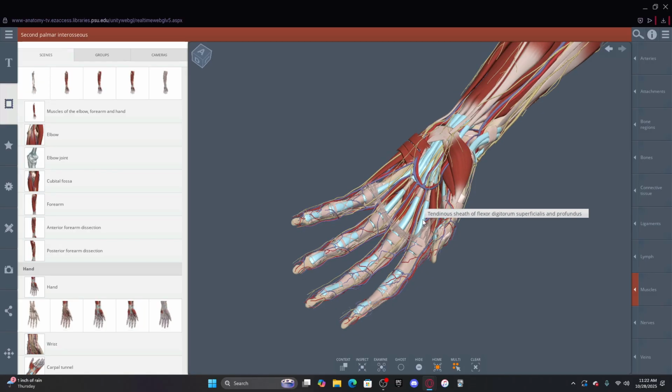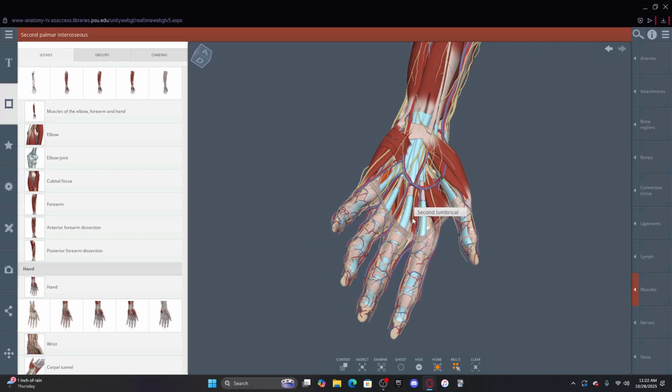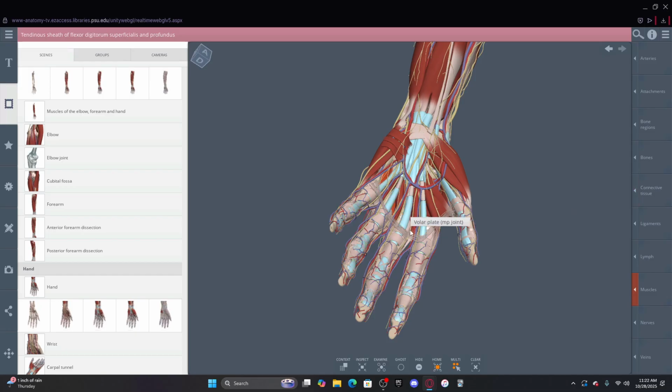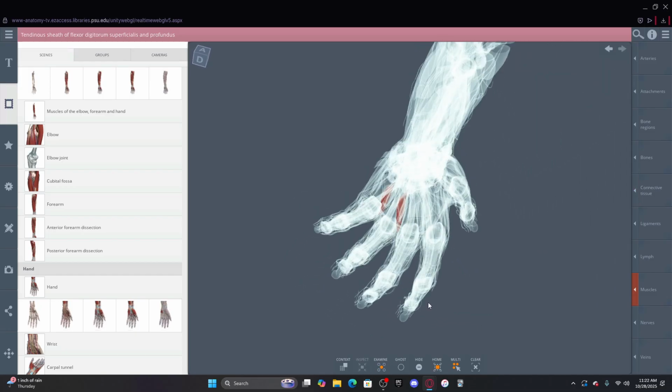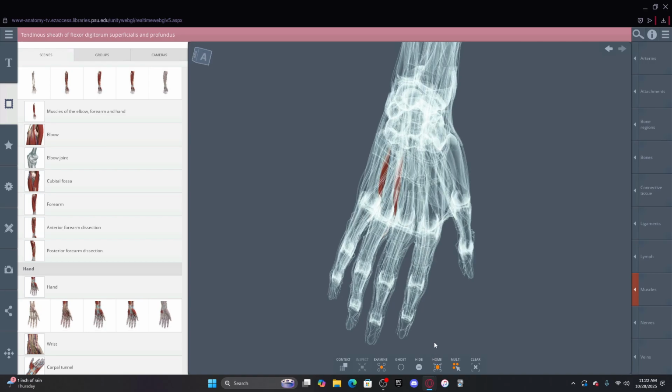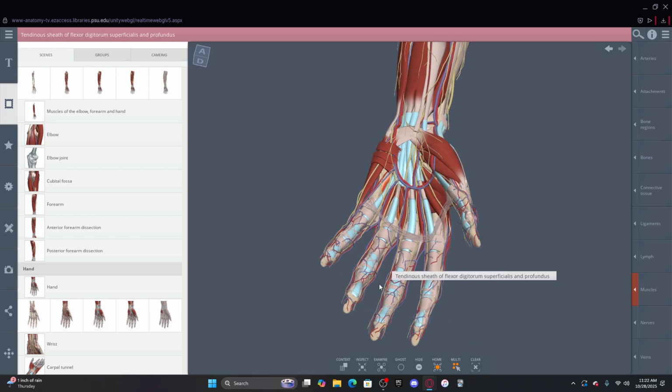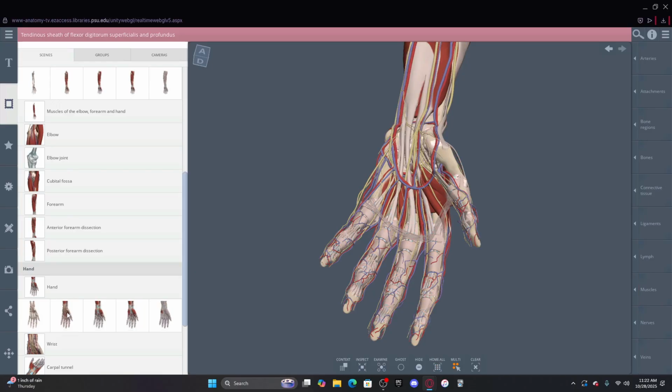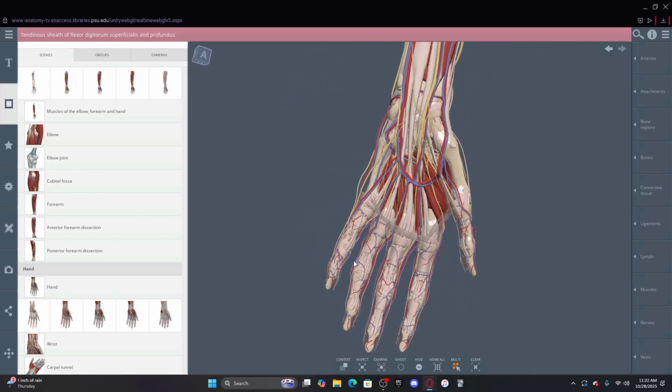I don't know if I'm going to be able to select all of them. I got two of them, but I would have to remove a bunch of other things for you to see the rest. That's a little bit better.